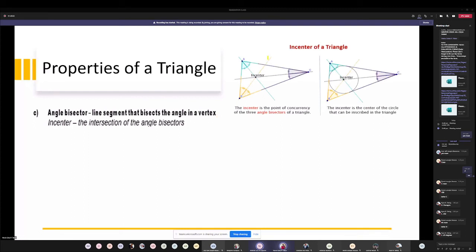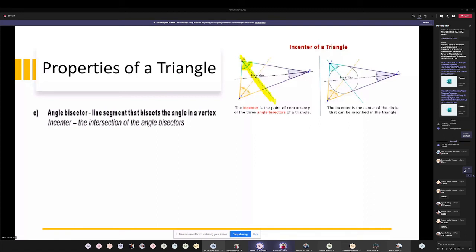Let's say for this angle A, with a green color, you have to draw a line segment passing through that vertex towards the opposite side, but it should divide the angle into two equal parts. If this is 80 degrees, it needs to be divided into two parts, so 40 degrees each. So this is the angle bisector.